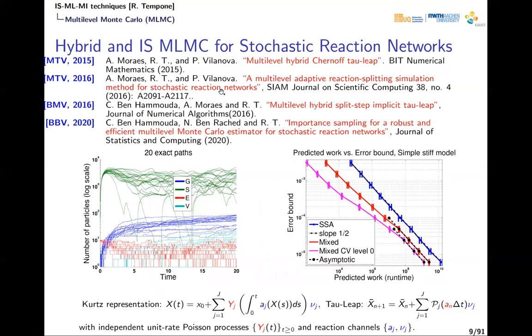Let's see the first example then, which is a hybrid and importance sampling multi-level Monte Carlo for stochastic reaction networks. What are, in a nutshell, stochastic reaction networks?